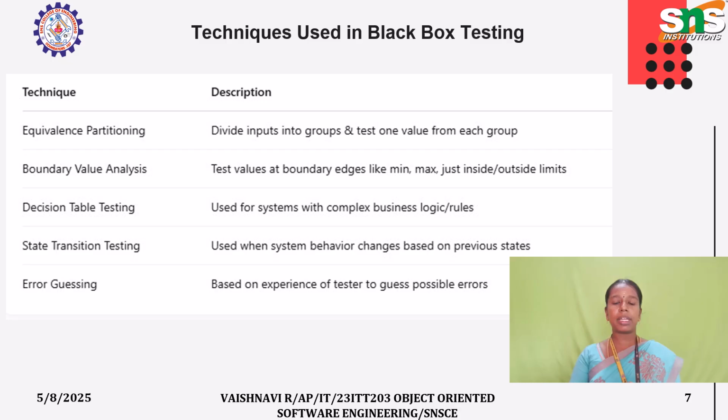The third technique is the decision table technique. It is used for systems with complex business logic rules. The fourth is state transition testing. It is used when the system behavior changes based on the previous states. And the last technique is error guessing. It is completely based on the experience of the testers.